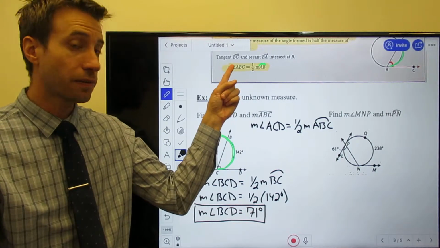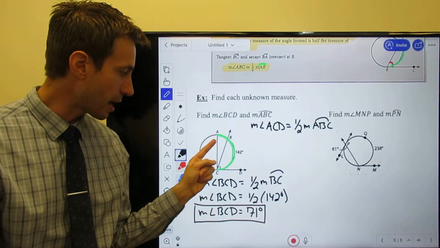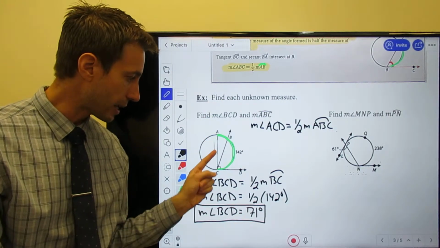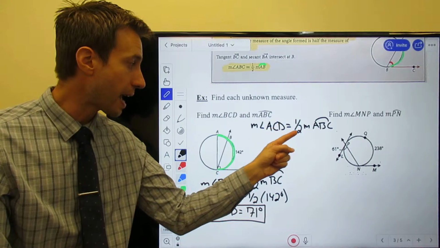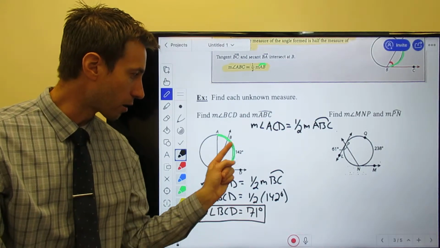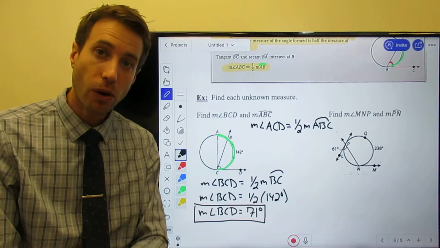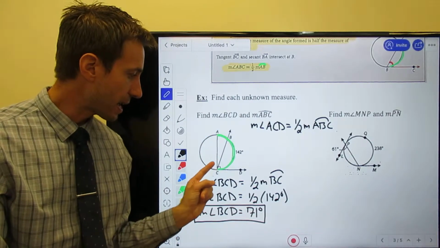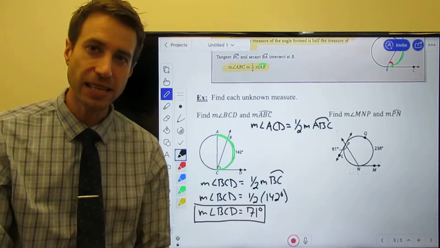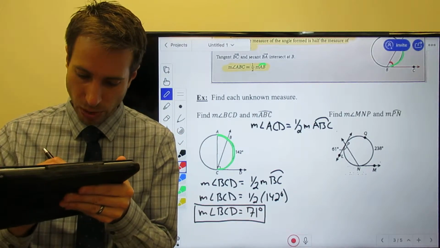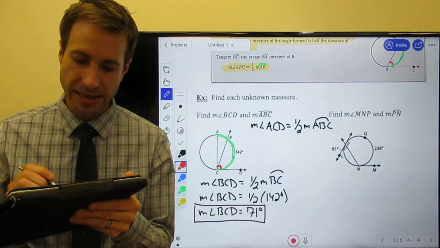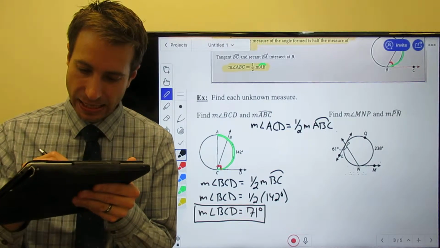That's what the formula says: the measure of angle ACD is equal to 1/2 the measure of the arc that angle creates. Well, I know the measure of ACD. They give me that little right angle symbol right here, which means that ACD is 90 degrees.